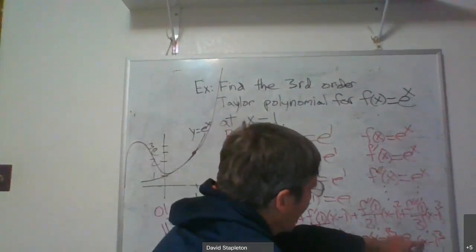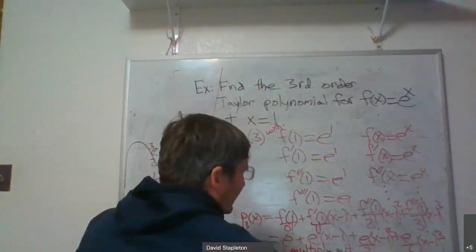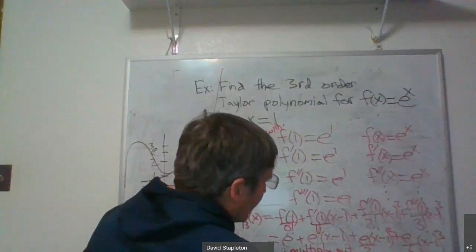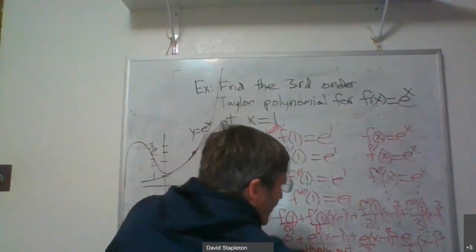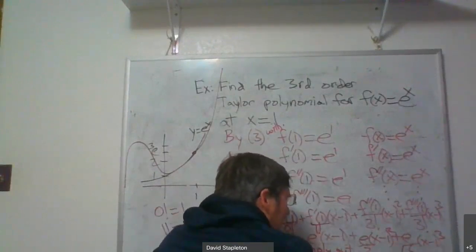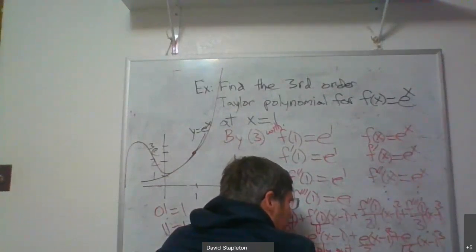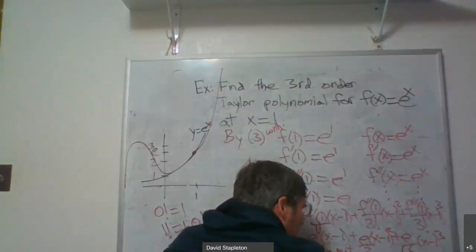It's x cubed minus 3x squared plus 3x minus 1, all over 6.